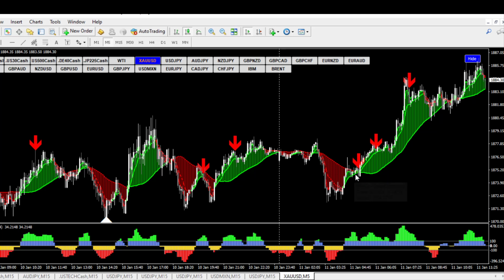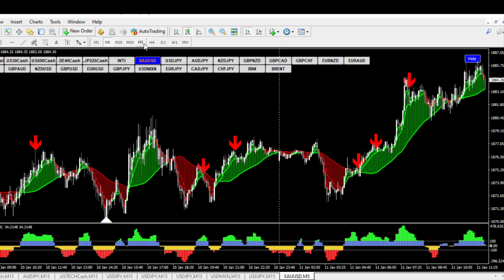Here is a good buy for us with the other indicators, but this is not in agreement. The arrow is pointed down, while the other 2 indicators give us a buy. But if you are used to this particular indicator or strategy, you will know which trade to place without using the arrow indicator. And that's why you have to familiarize yourself with any strategy or any indicator you want to use.